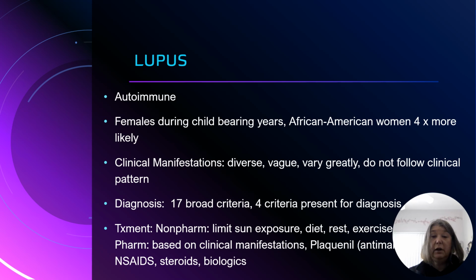Let's see, it talks about mitigating the effects of hydroxychloroquine. One of the ones I know about the most is feeling nauseous. Usually that goes away, but you can put people on Zofran to help with that. We talked about NSAIDs, steroids, biologics.